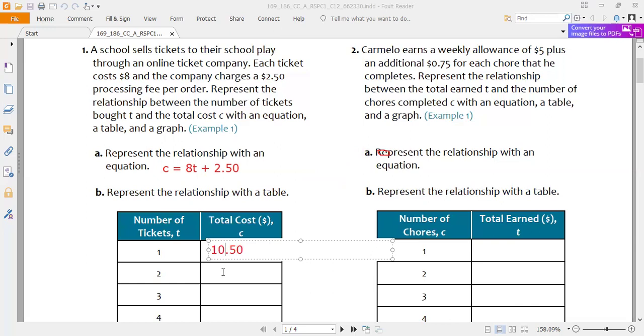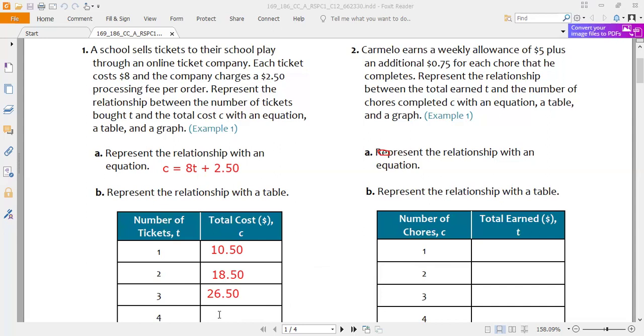Then we have two. If there are two tickets, same, we replace t by 2. 2 times 8 will be 16, 16 plus 2.50 will be 18.50. For 3 tickets, if I replace t by 3, 8 times 3 will be 24 and 24 plus 2.5 will be 26.50.